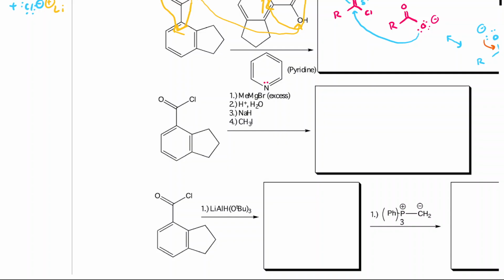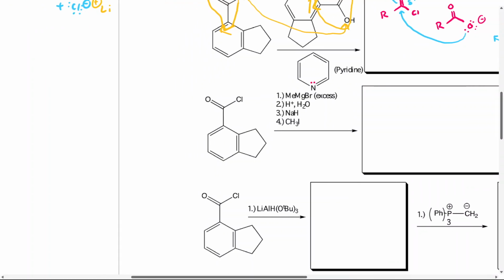And we should know by now that Grignards attack the carbonyl and add in whatever this alkyl group is.